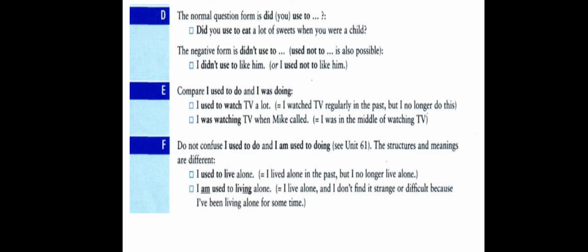So we say I didn't use to like him. Or we can put not directly after used, and used here is used as if it is an auxiliary verb. So it becomes I used not to like him.